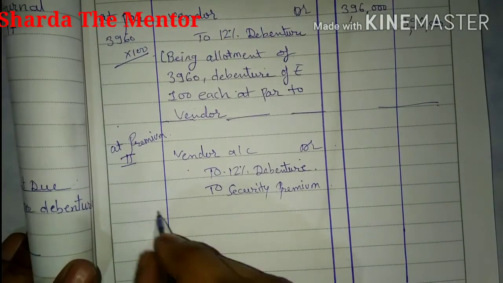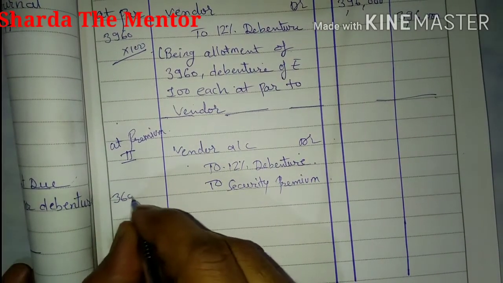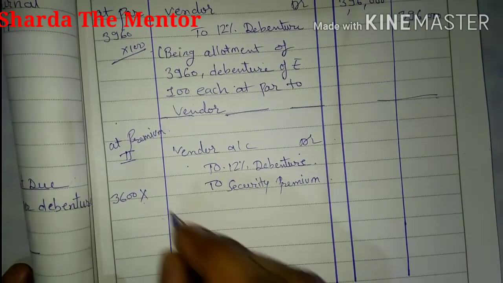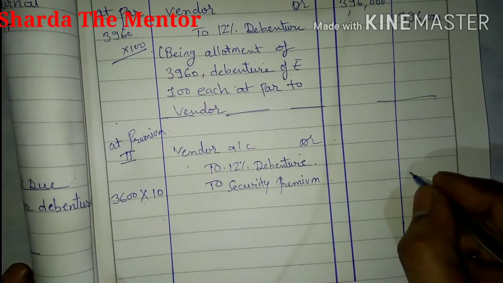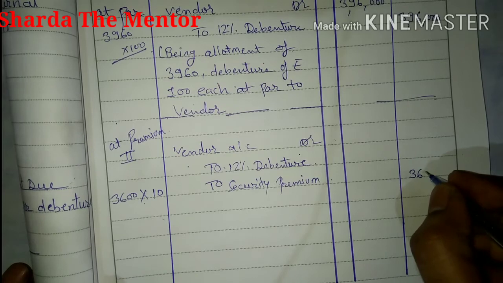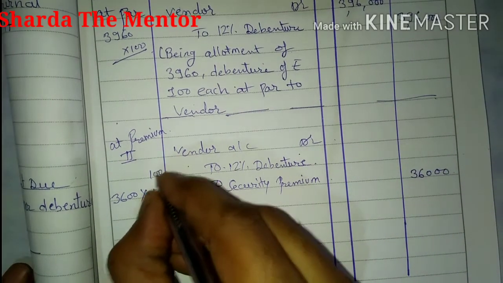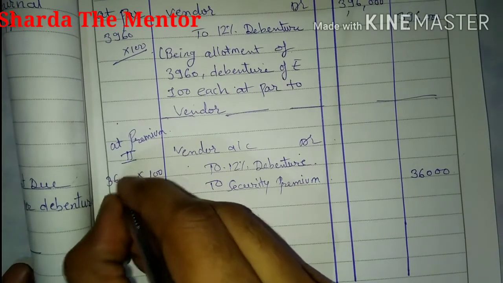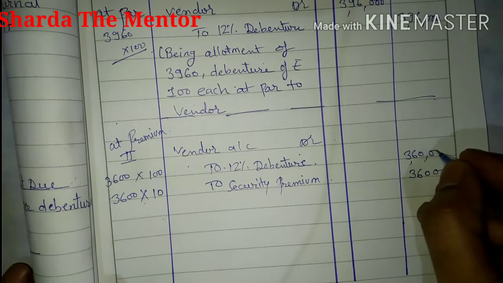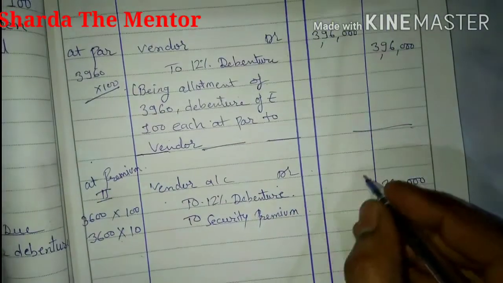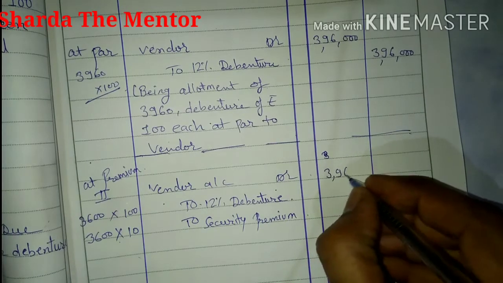As we have already found out, 3,600 debentures at the rate of premium amount that we have calculated, so that is 36,000, and 100 rupees on 3,600 debentures, so that will be 3,60,000. So the total amount that we have calculated is 3,96,000.